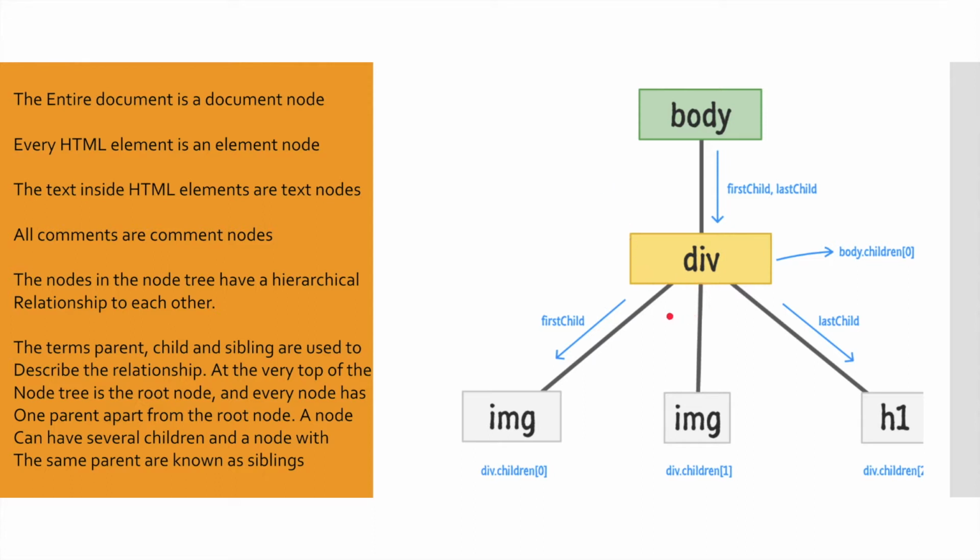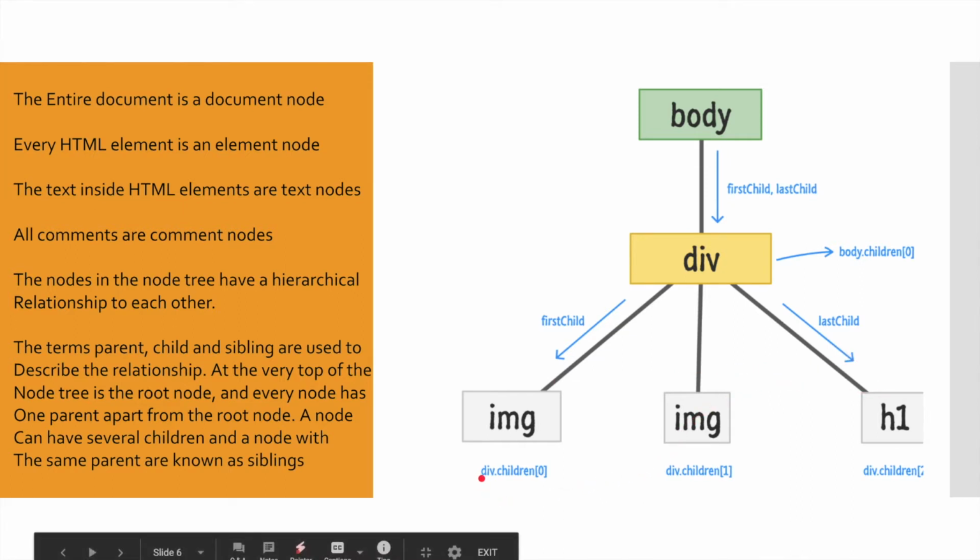So for this example, the body has a first and last child because it doesn't have any other child. If there was another child, there would be a second, and if there were just 3 children, the third child would be the last child. And this div then has its own children, which are the first and last child. If you wanted to access each child, you can see that it's done by calling the parent element and then .children.